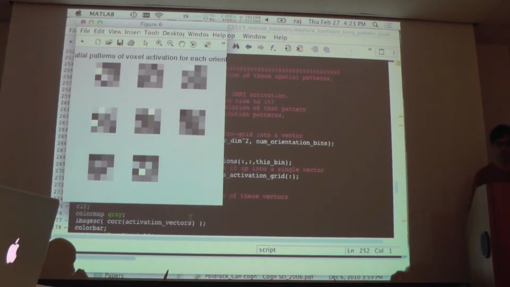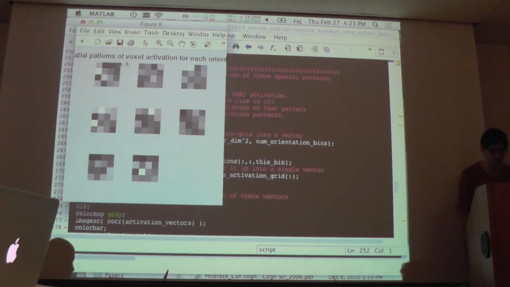This is what Tommy and I were chatting about a little while ago. In this case, the measure of distance is spatial correlation, but there are other ways of defining distance. For instance, Tommy just mentioned Euclidean distance. Say I've got two patterns.